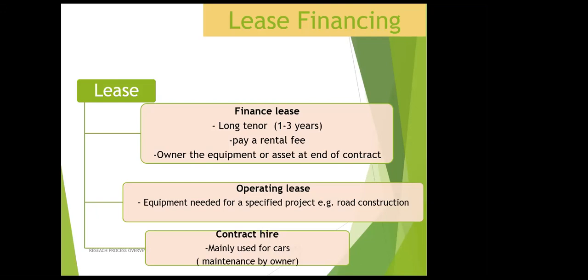The agreement runs for between 1 and 3 years. You pay the rentals for those warehouses, and at the end of the lease period, you become the rightful owner of those warehouses.